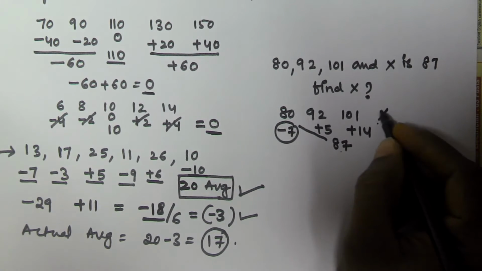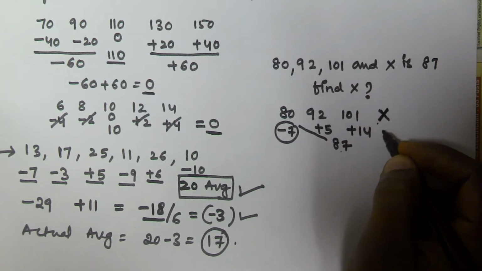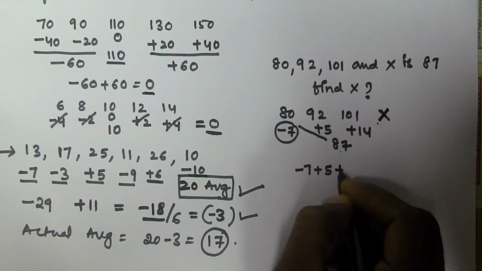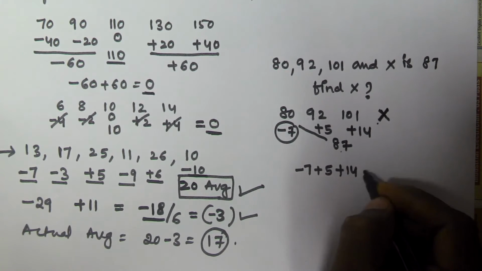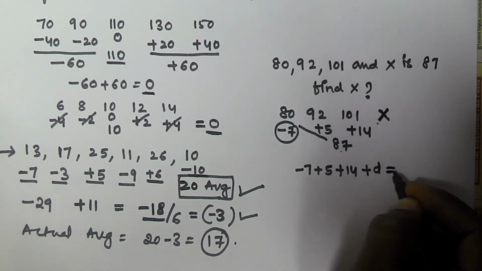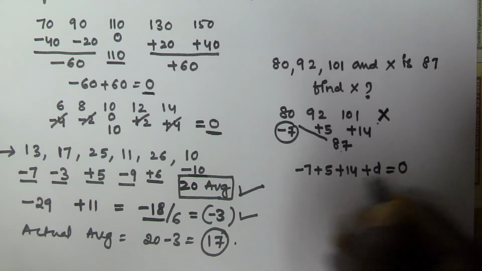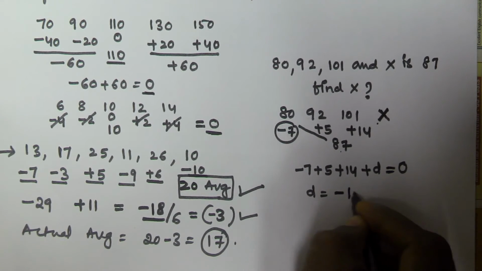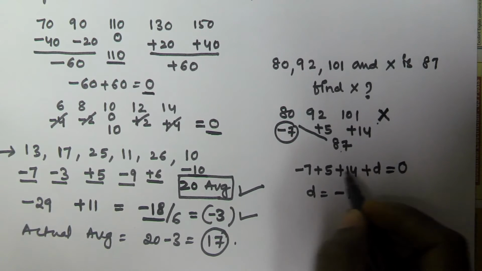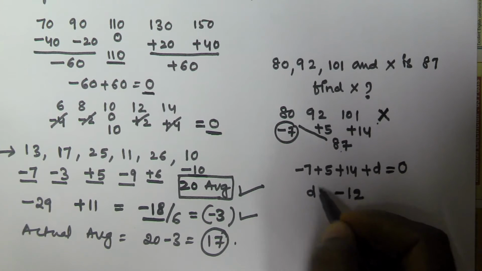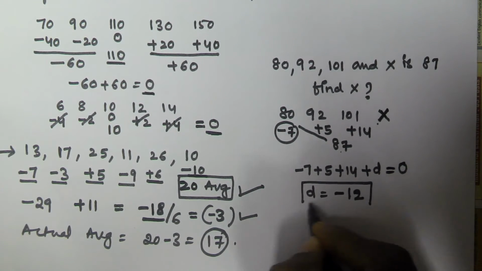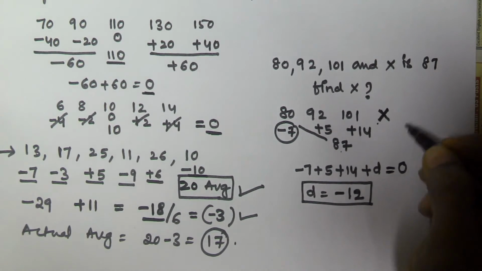Here we do not know the deviation, so I am taking that as D. The sum of all deviations must be 0. Minus 7 plus 19 is plus 12, so D must be minus 12 deviation.